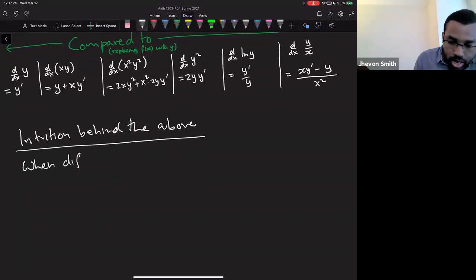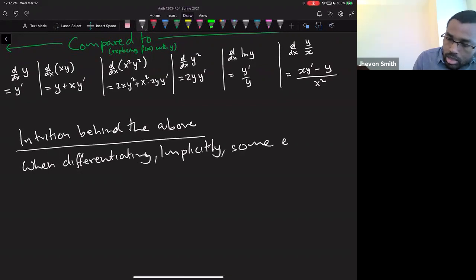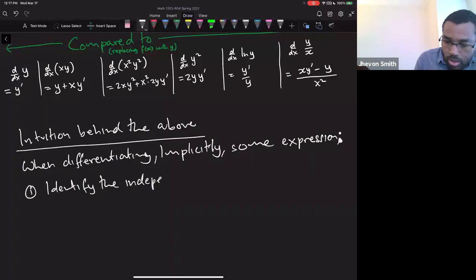When differentiating some expression implicitly, one, you want to identify the independent variable.